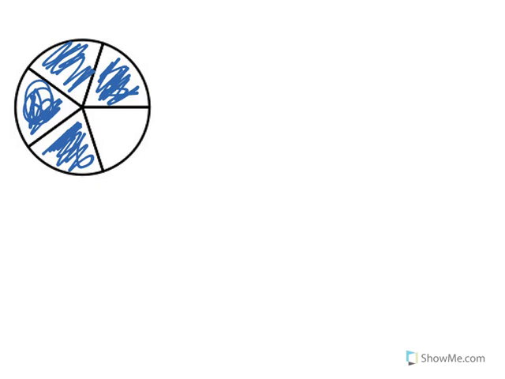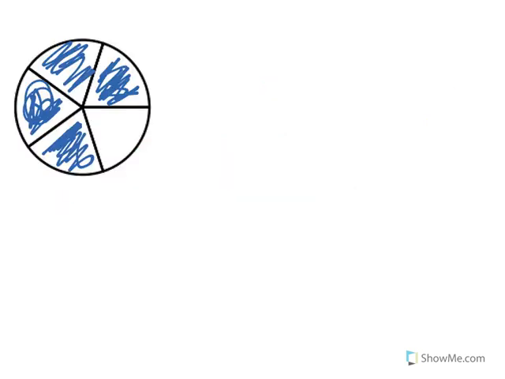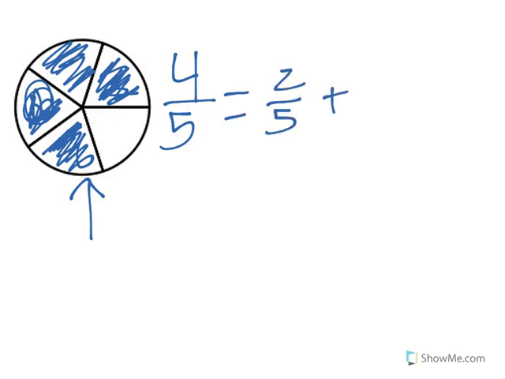Alright, so now if we extend our learning, on the last page right here, we said that this fraction is 4/5, which is the same as this fraction right here. Now, on the last page, we said that 4/5 is equal to 2/5 plus 2/5.